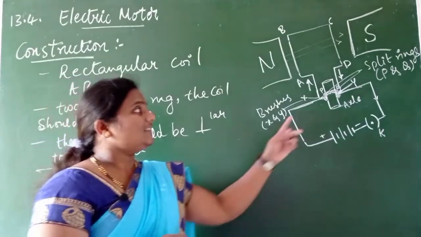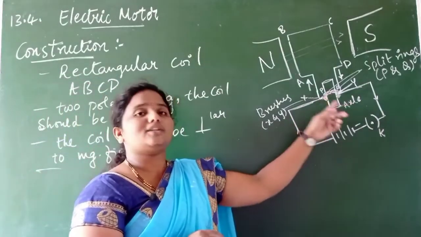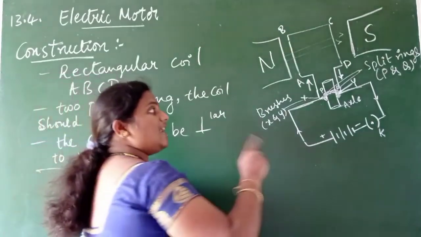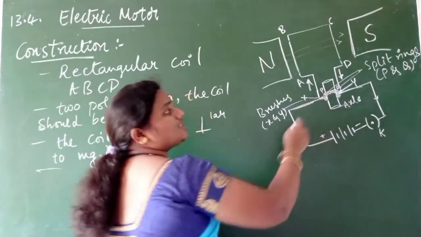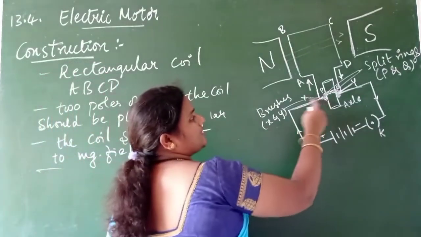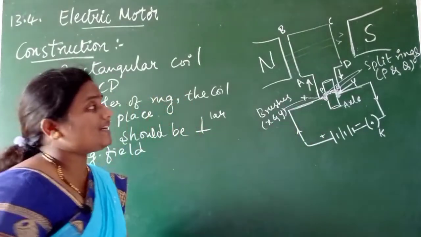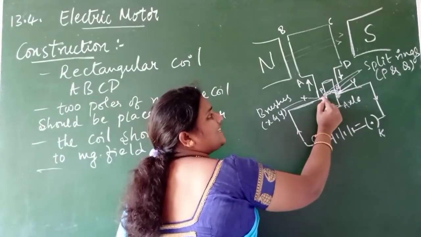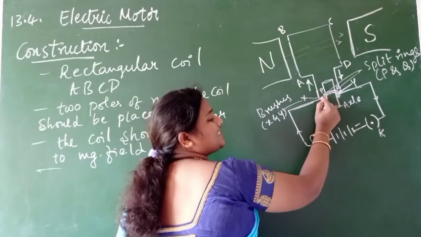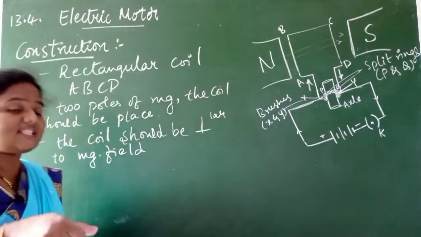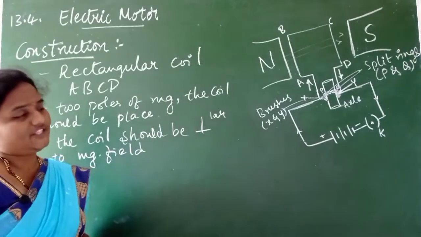Understanding, children? The inner side of these split rings is insulated, whereas the outer edges of the split rings are just connected to brushes, which we will name X and Y. Means the outer external edges of the split rings are just connected, and the coil is now pressed toward these brushes.